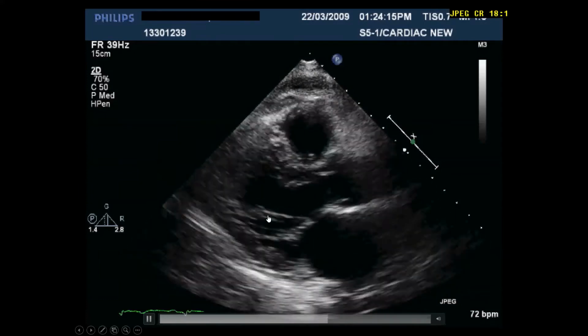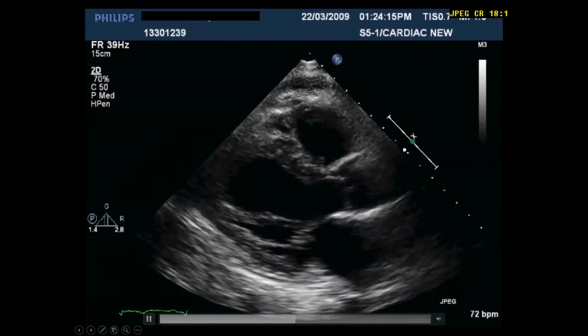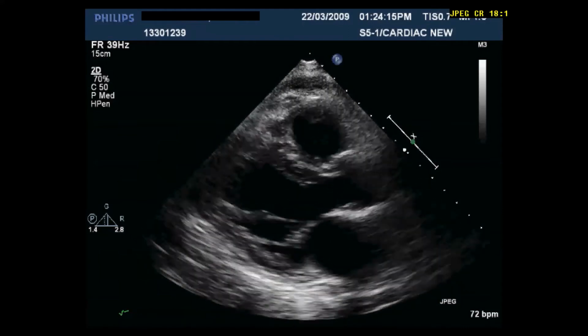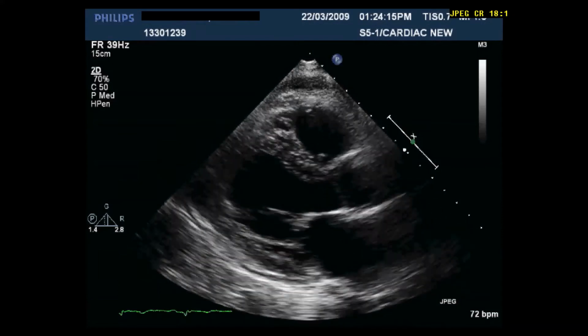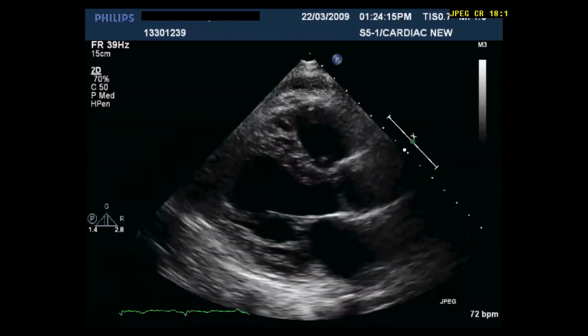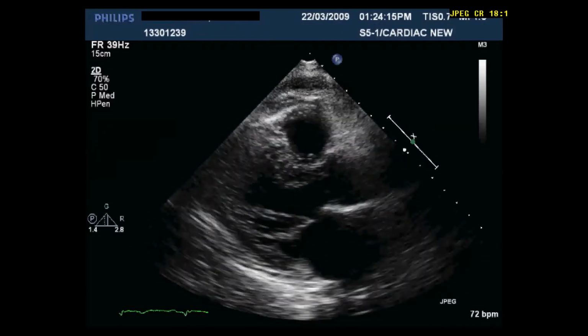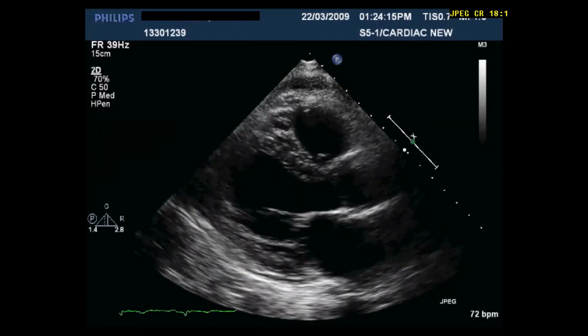By the way, picking up the abnormality in the segmental wall motion isn't really easy. It needs experience and can be missed a lot if you don't focus well enough.